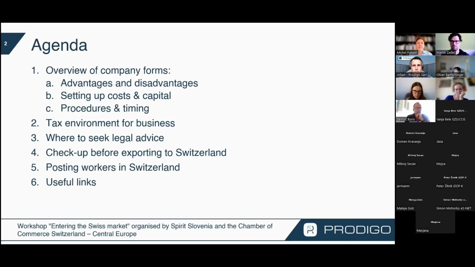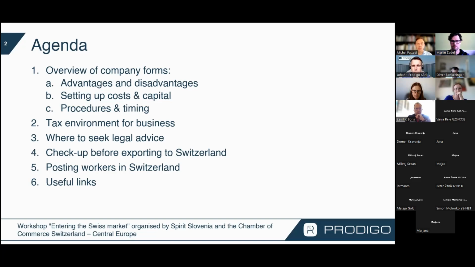In section 2, I will share with you some information about the tax environment in Switzerland, such as VAT, import taxes, or fiscal differences between cantons. Then in chapter 3, I will mention some sources where you can find legal advice and useful information. In section 4, I will explain how you can do a checkup before exporting to Switzerland, in order to be best prepared to sell your product or services on the Swiss market.